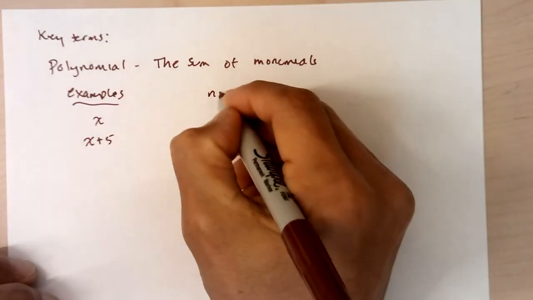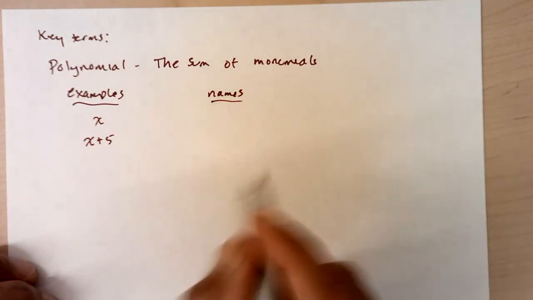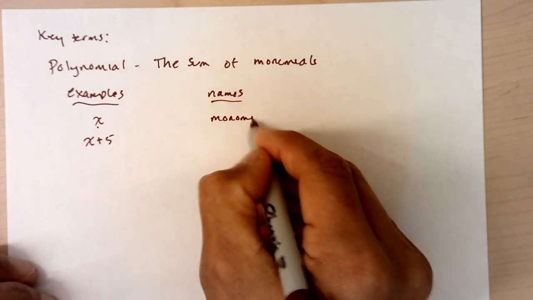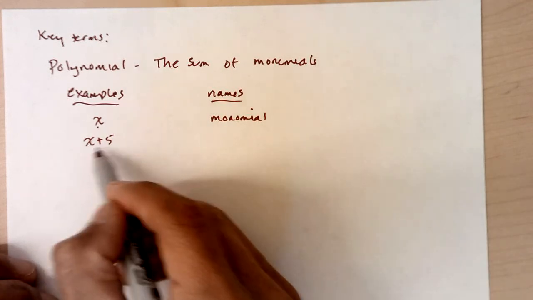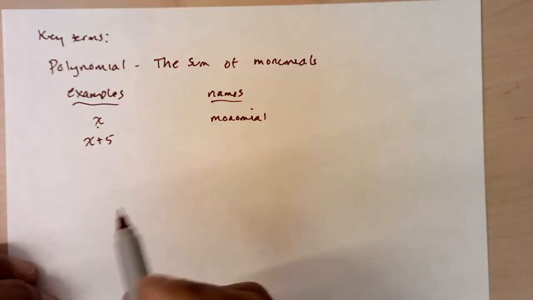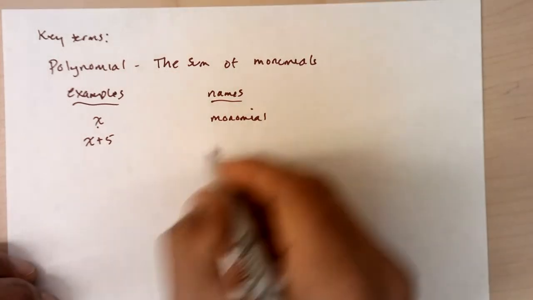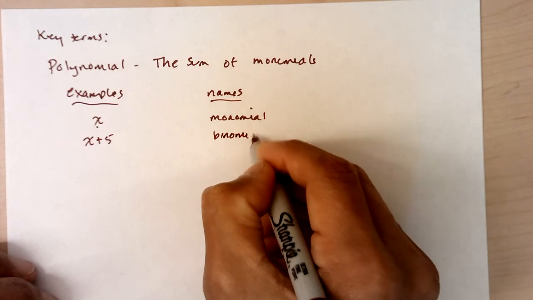Certain polynomials have specific names. You name a polynomial by the number of terms. There's one term here. We've covered what that is. That's a monomial. So the key here is knowing the prefixes. If there are two terms, x is a term, a monomial, and 5 is a term, a monomial. There are two terms there. The prefix is bi, so it's a binomial.